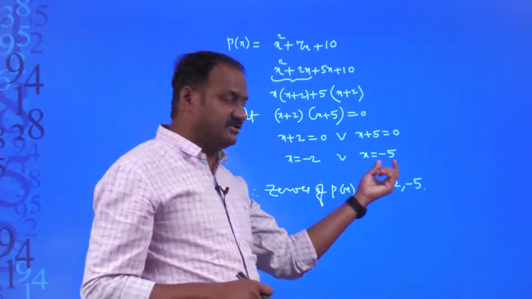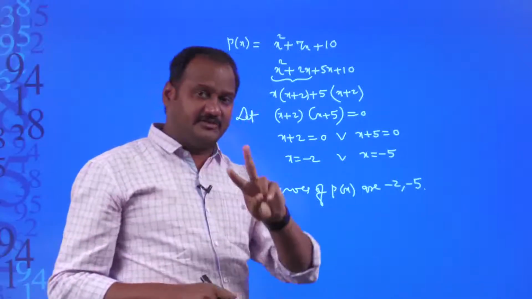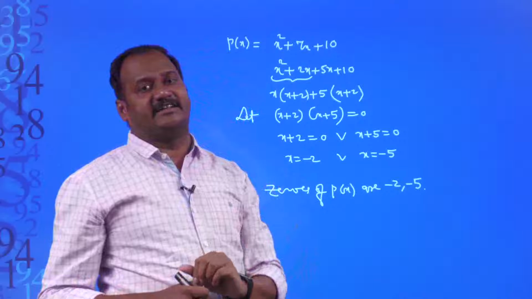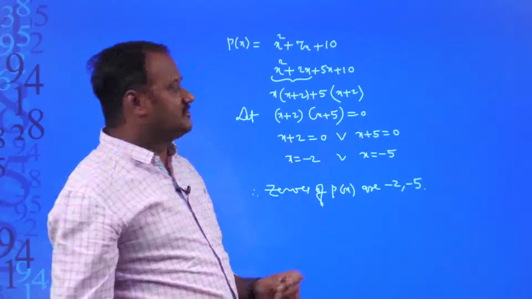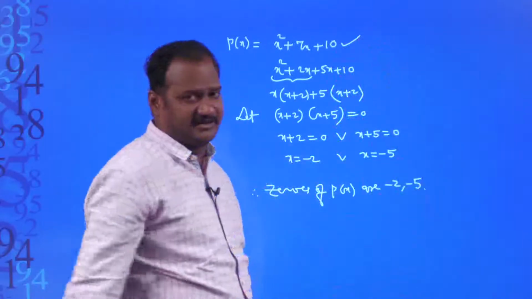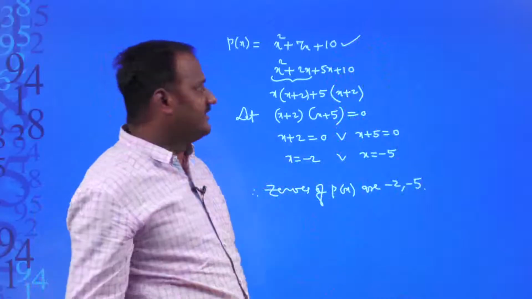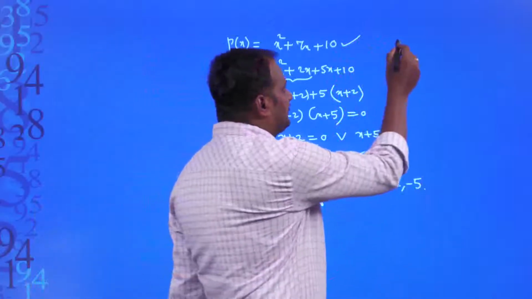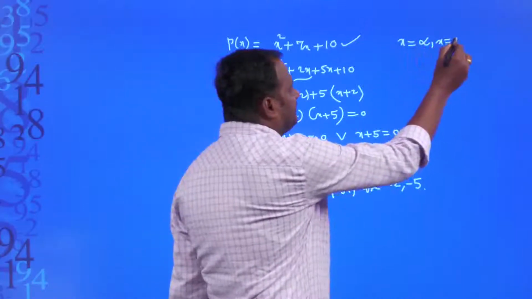And minus 5 is a zero, then x plus 5 is said to be a factor of the polynomial. If you have two factors, to obtain a second degree polynomial, obviously you will have to multiply those two factors. When you multiply, you will get the standard form of that second degree polynomial. So, it is simply the converse of the method. You are given two zeros of the polynomial. Those two zeros are x is equal to alpha and x is equal to beta.